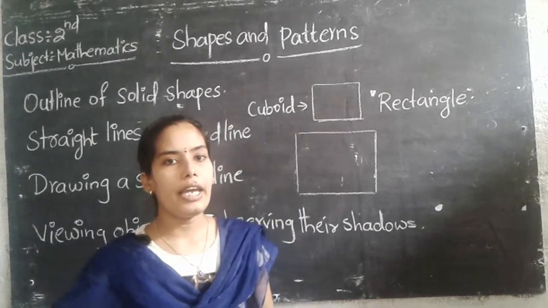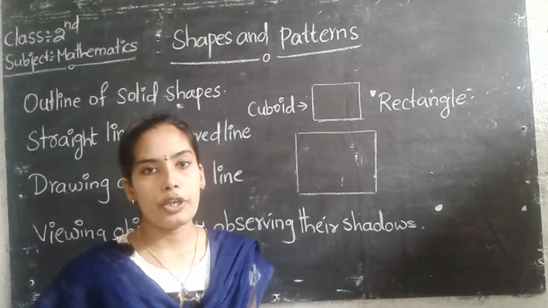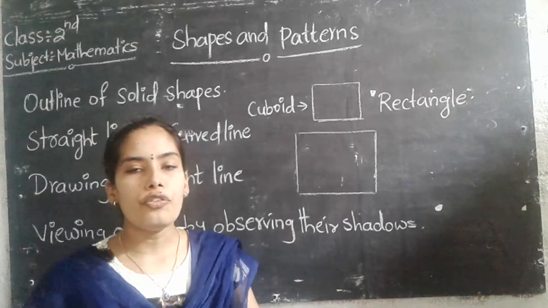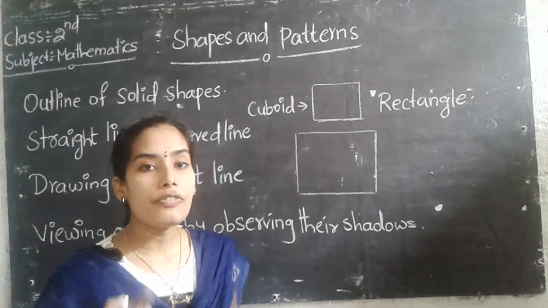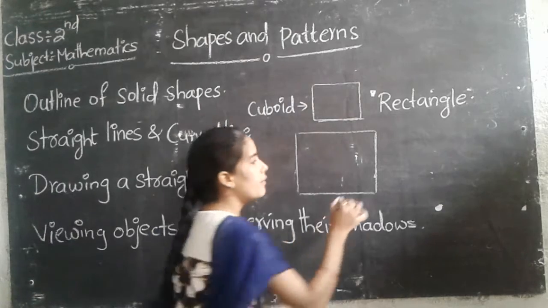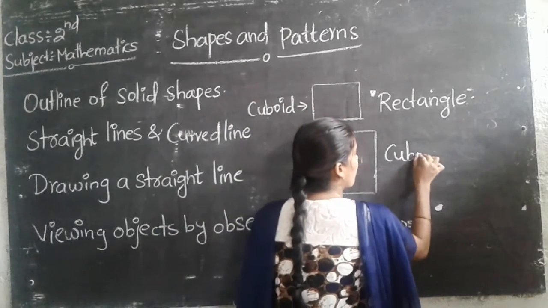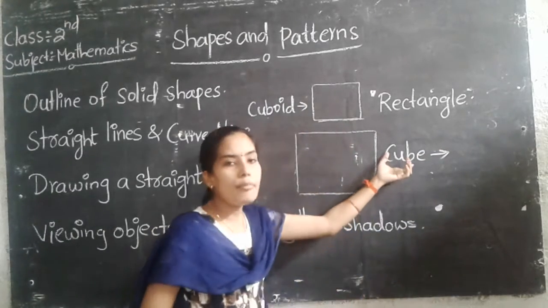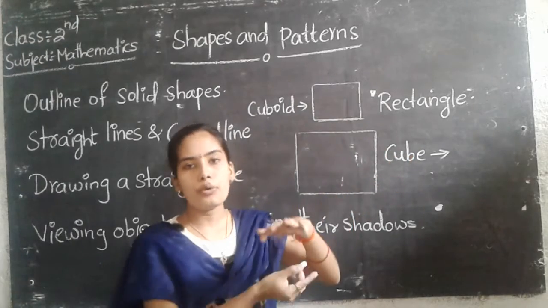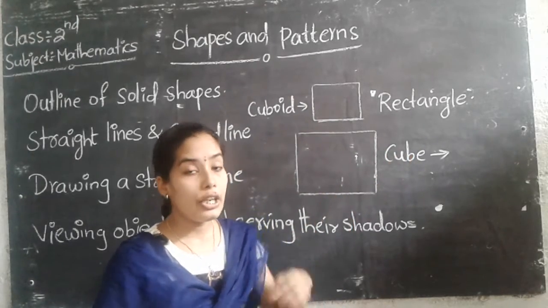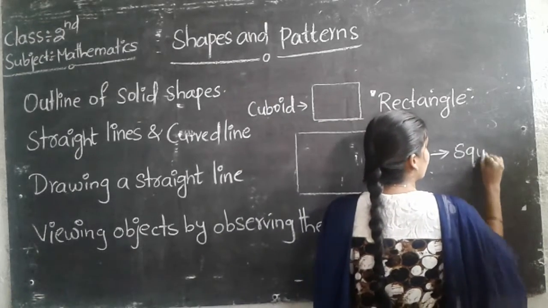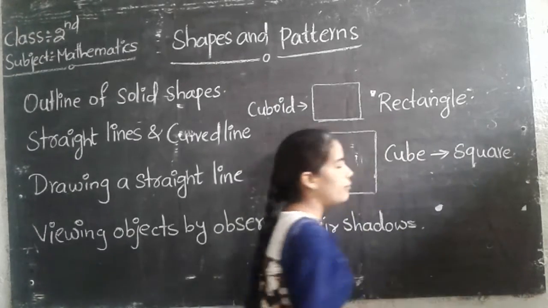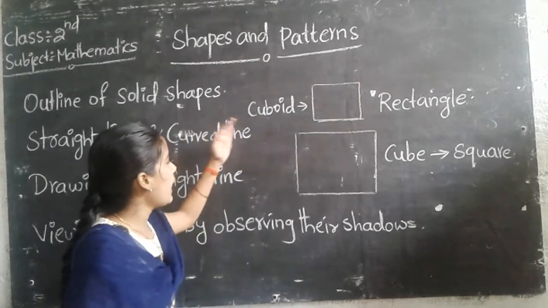In the same way, if you take any cube shape, what will you get? You will get the shape of a square. If you take an example of a cube and draw the outline of the given object, you get the square shape. Why are we choosing like this?